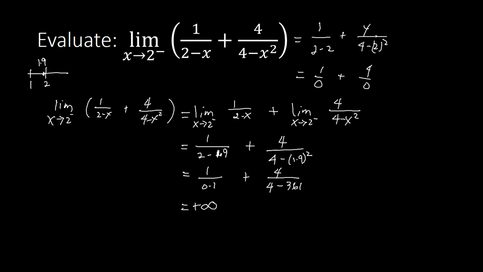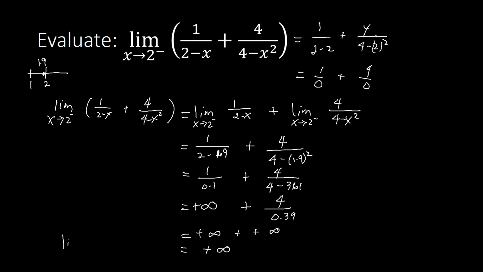Again, if you spot right away what the sign is at the bottom, then you may go directly to the result. So we've got 4 minus 3.61, that is 0.39. This is positive, so we've got a positive result here. Positive infinity plus positive infinity is equivalent to a positive infinity.